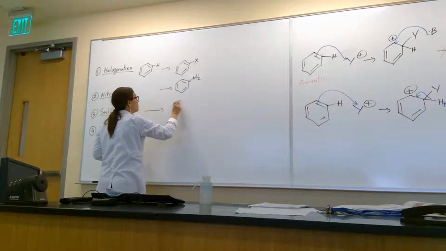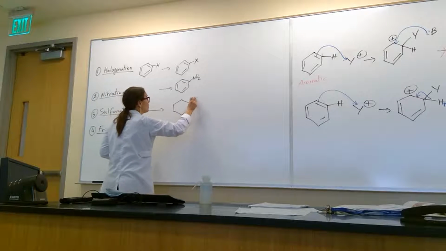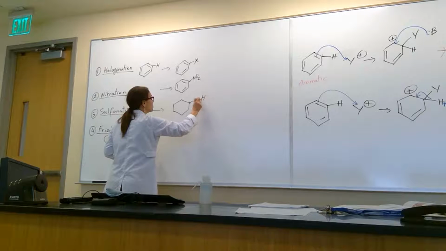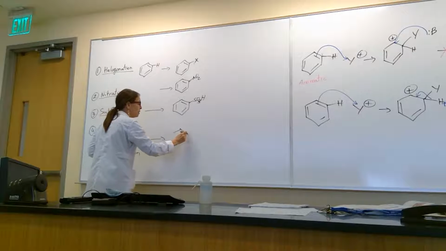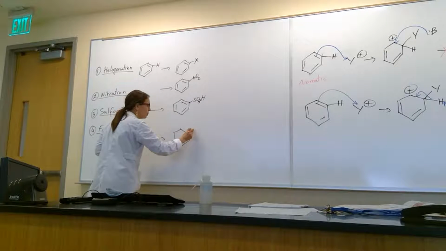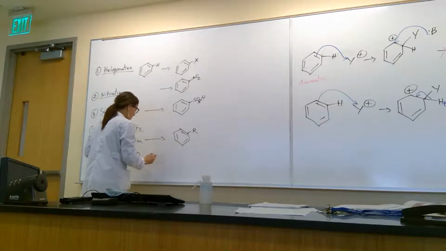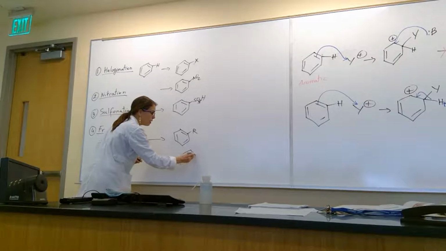For sulfonation, you turn it into SO3H. For alkylation, you put an alkyl group. And for acylation, you end up with an acyl.